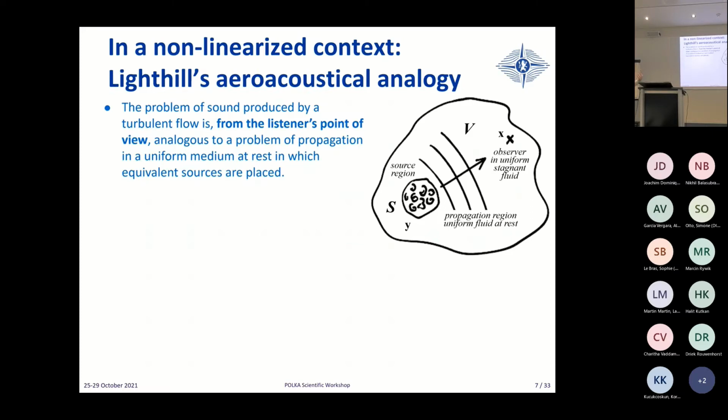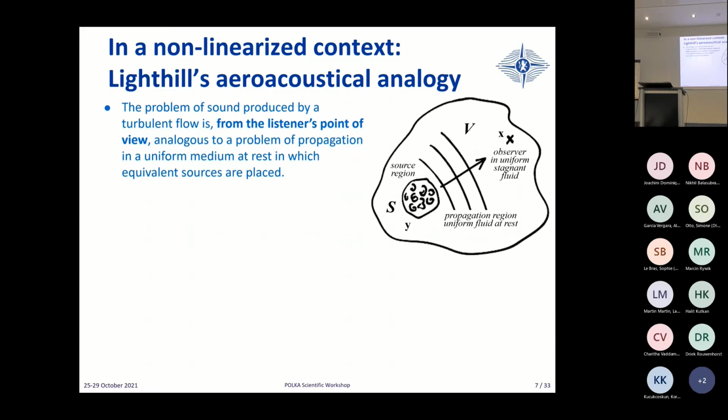And by analogy, we mean that if we consider the original problem, which is complicated, and in which we have turbulence and fluctuating Reynolds stresses and all the things that are so complicated to simulate and to resolve, and you have a uniform propagation medium, this situation is analogous to the one where we have removed the turbulence, but we have put at its place something that radiates the same sound field at the listener point.